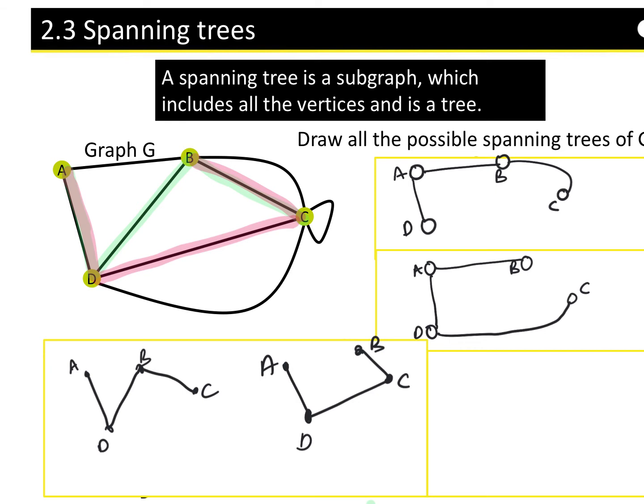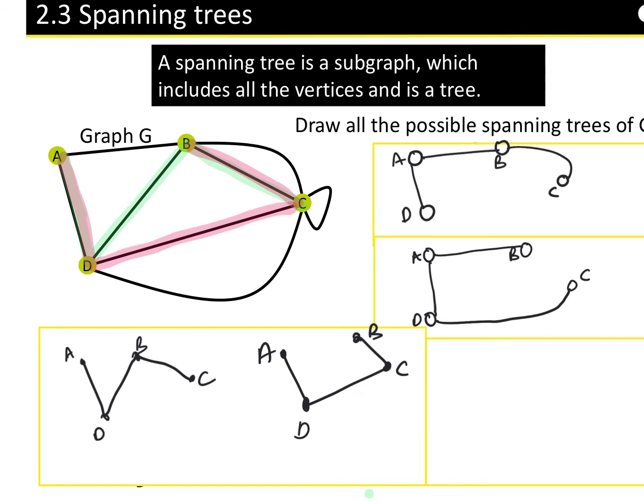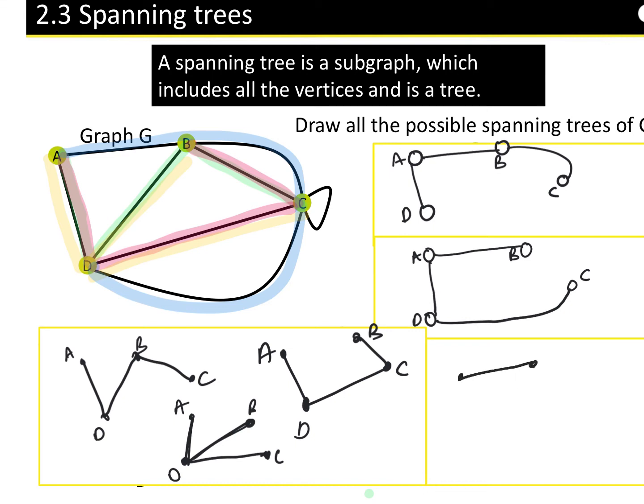We could have DA, DB, DC. Then DA, B, C. A, B, C, and D. And then finally, let's get a different colour, we could have A, B, C, D, the other way.